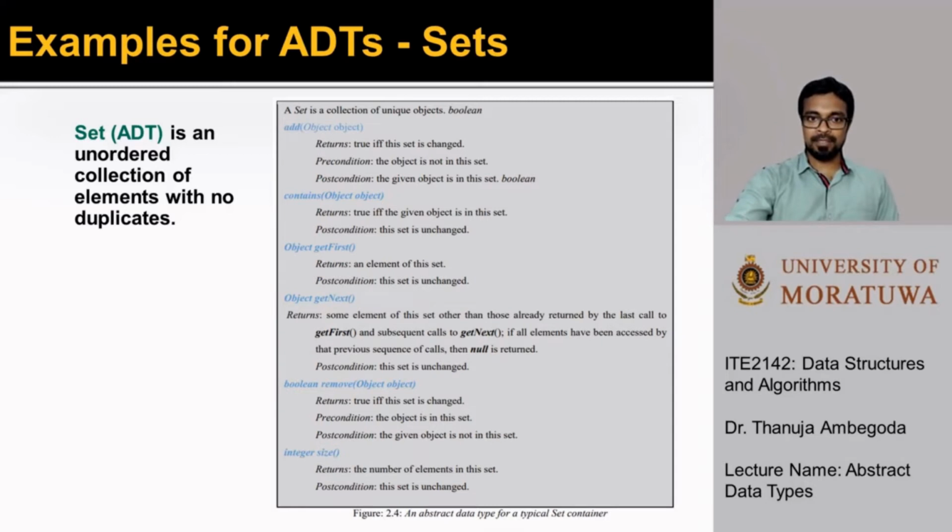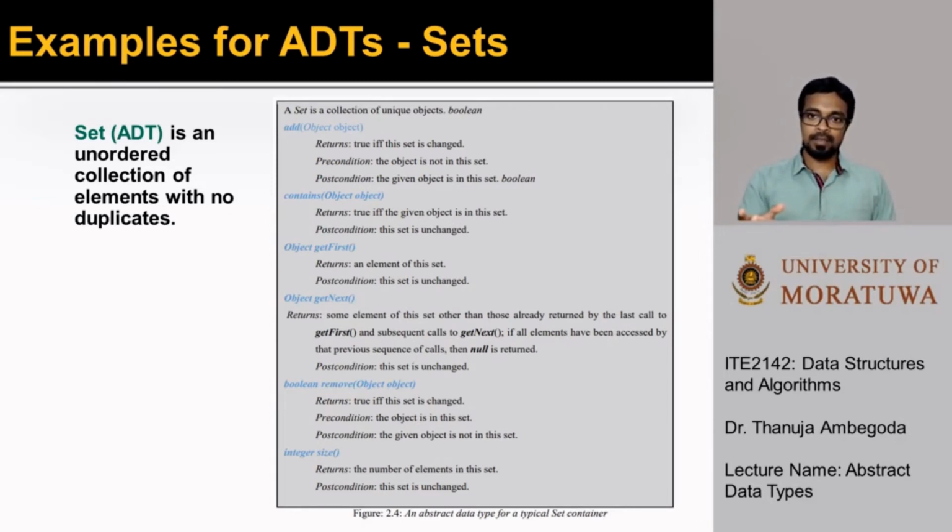Then we have this contains method. It's the same as before. Returns true if the object is in the set. As before, if you now go to the remove object, it's again the same. So try to look at the differences of these function signatures and their definitions, right? There are different properties that we expect from bags and sets. Accordingly, the details of what the method is doing can change.